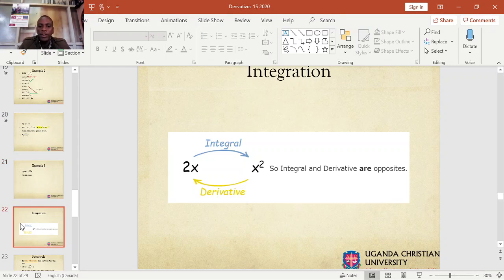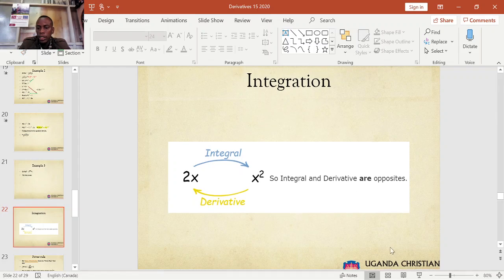So now this takes us to integration. Integration is the opposite of differentiation.